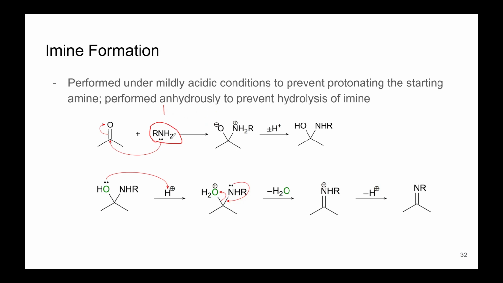The amine must be in this unprotonated form to act as a nucleophile. So you don't want conditions to be too acidic, to prevent protonating this guy. So it can still act as a nucleophile, and then your loss of carbonyl oxygen can still occur.